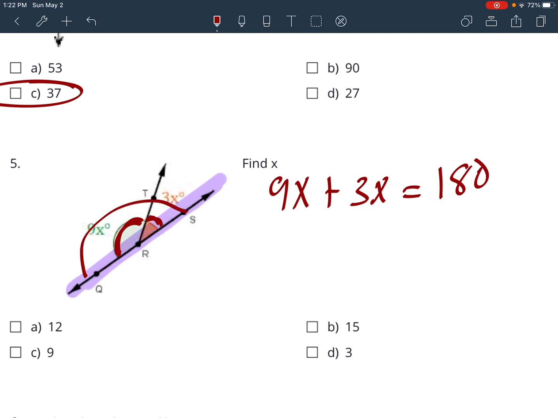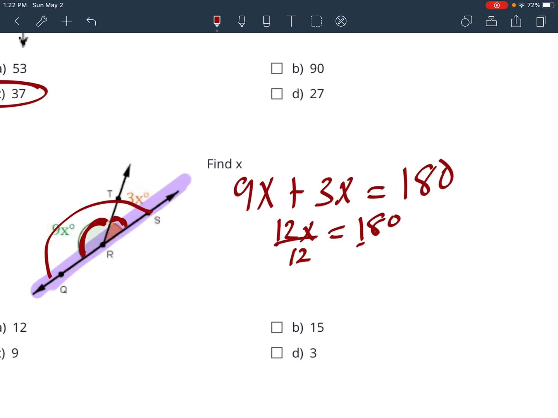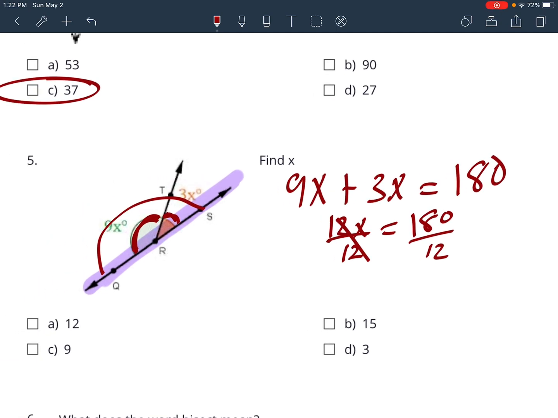And the whole line is 180 degrees. Well, 9 plus 3, 12. So 12x equals 180. Then we divide by 12. And 180 divided by 12 will give us our answer here. I think it's that, but let me make sure. Yeah, 15.